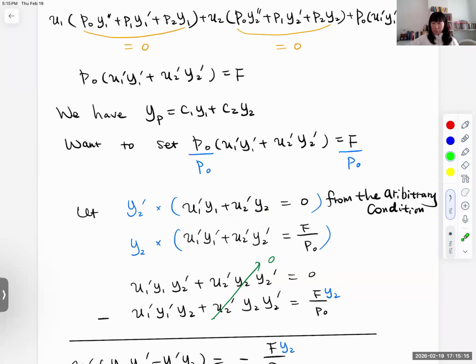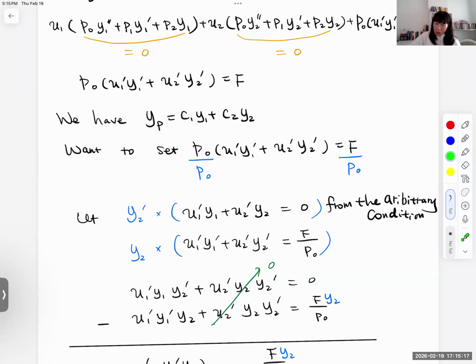Okay, now rewrite this one without p sub 0, right? P naught, p sub 0. So if we divide by p sub 0, on the right side we have f of x over p sub 0.